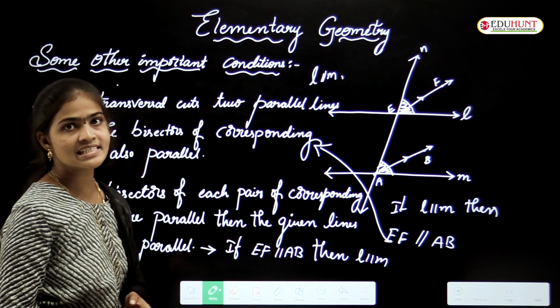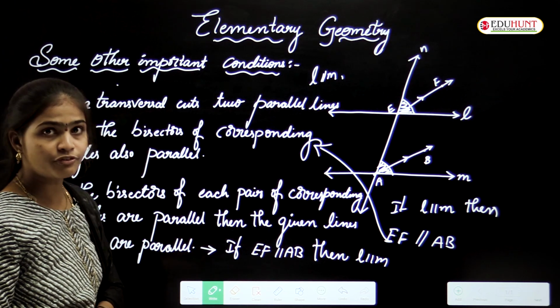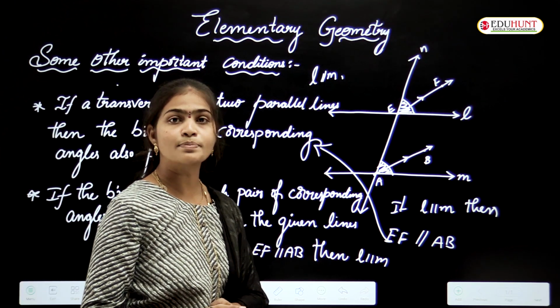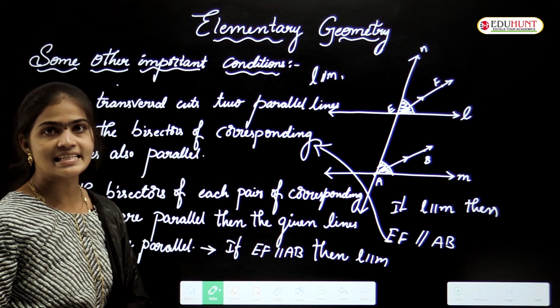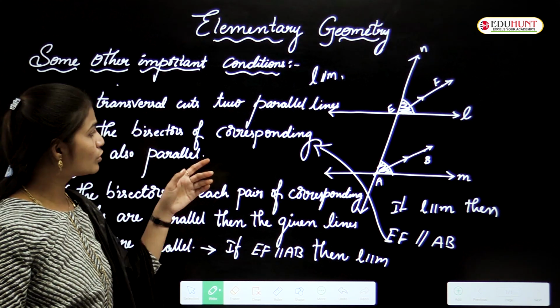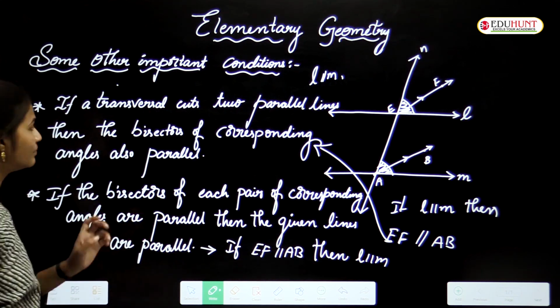Okay, come to the second condition. If each pair of angular bisectors of corresponding angles are parallel, then the given lines are parallel. Okay, that's the opposite converse. Those two statements are both true here. Okay, now come to another one.